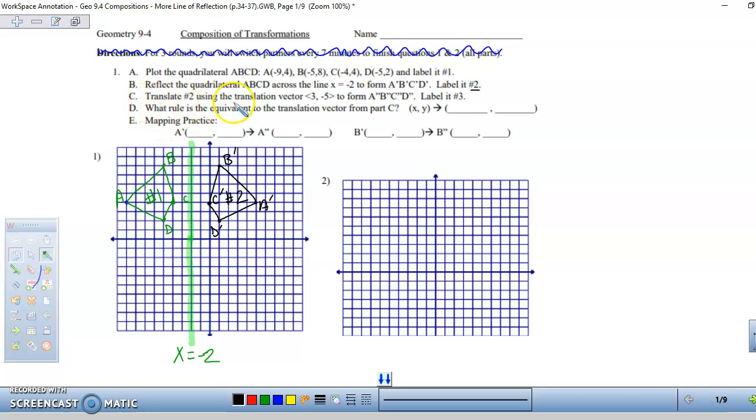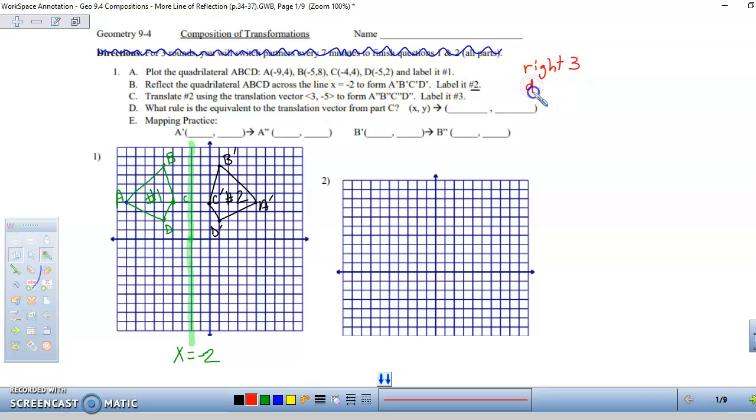Translate number 2 using the translation vector. So a translation is when you just slide the shape. The vector 3, -5. So what that tells you to do is, remember that first number is left or right. So I'm going to go right 3, and then that second number is up or down.